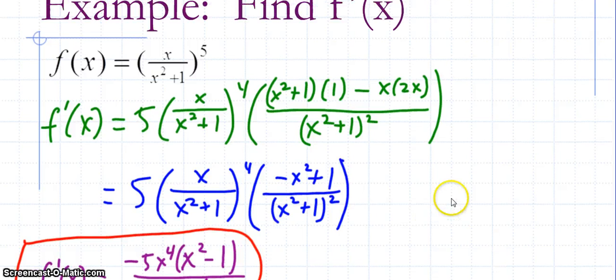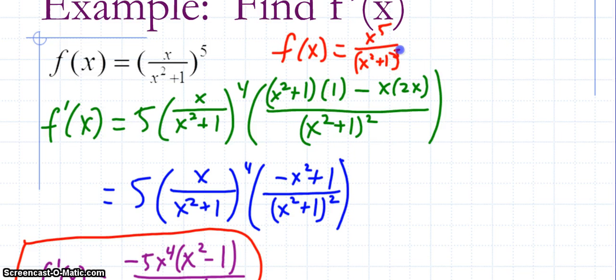Well, this is actually a really good example of where you have many options on how you want to approach this problem. I usually just leave it how it is unless I see some way that it's going to simplify before I start doing the derivative. But, for instance, you could have thought of the original problem as f of x equals x to the 5th over x squared plus 1 to the 5th.